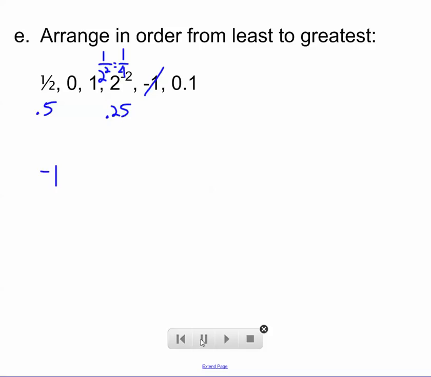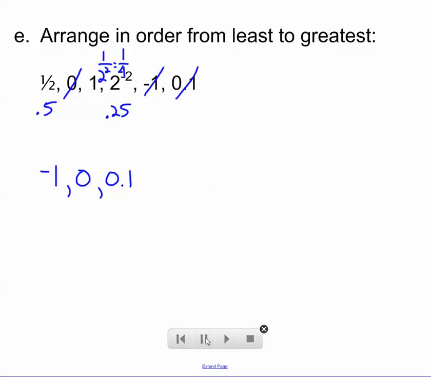And then I'm going to look at this. I don't have any other negative numbers, so 0 is going to be my next number. Now I'm into my numbers that are less than 1. I see this 0.1 over here, the 0.25 and the 0.5. 0.1 is the smallest. It's kind of like a 10. 10 is smaller than 25, and 25 is smaller than 50.